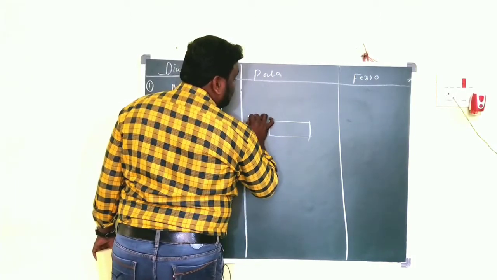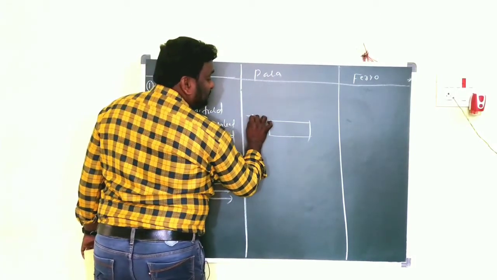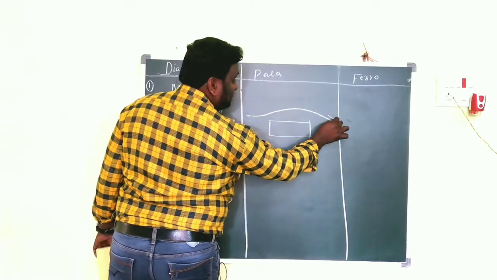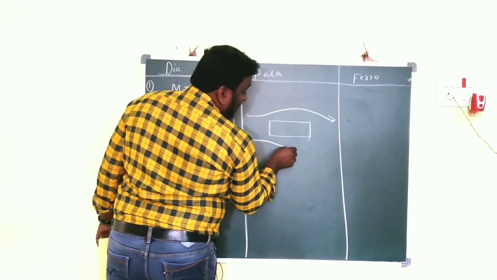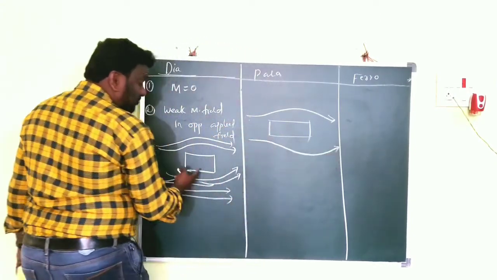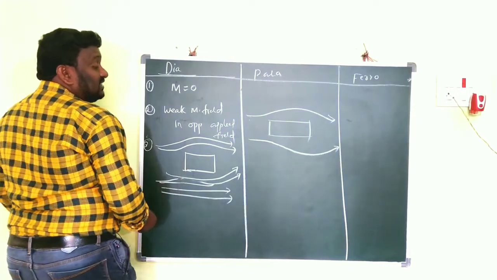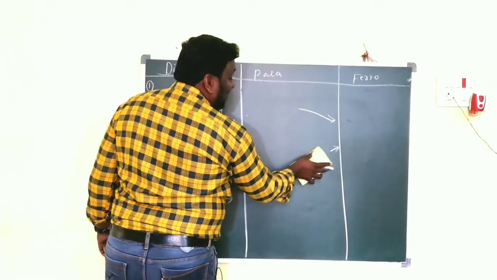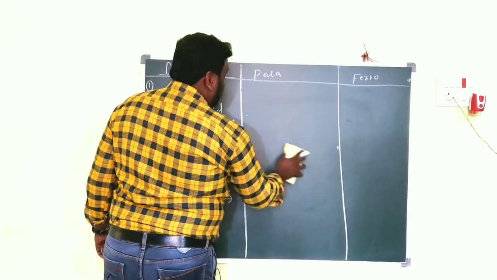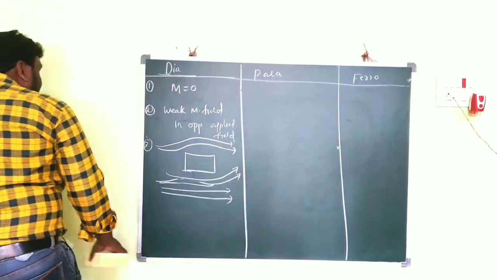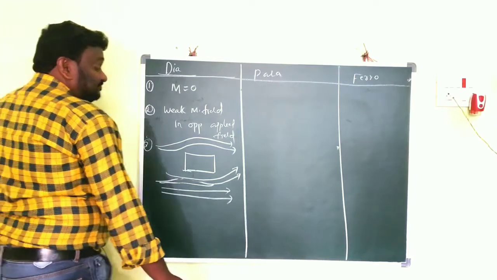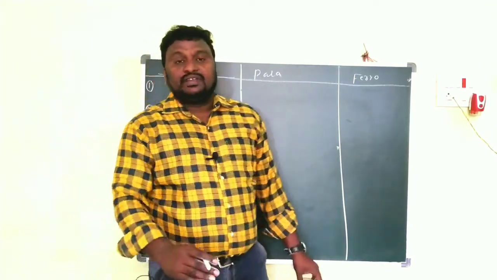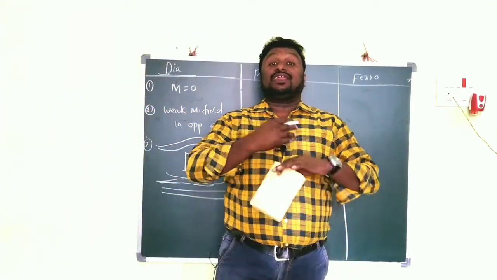This is a magnetic field line. Now it is repelled, so the magnetic field lines move away. That's why these diamagnetic substances are not attracted by any magnet. That means diamagnetic substances are repelled.